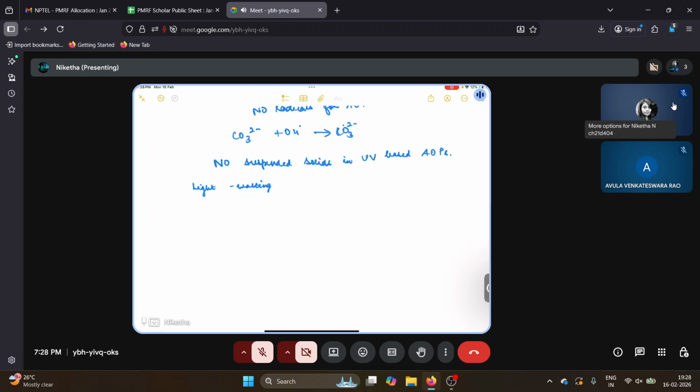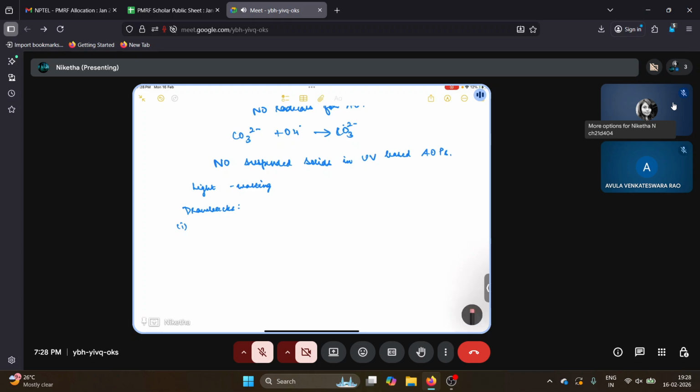Okay, now coming to the drawbacks of UV based processes. The first one is, of course, the cost. Since it is UV radiation, generating UV radiation requires a lot of electricity and current. So the power requirement is high, and when there is a high power requirement, obviously the cost is also going to be higher.